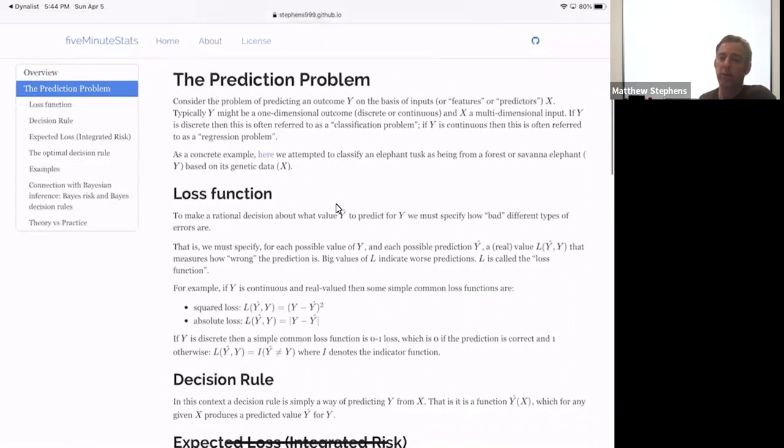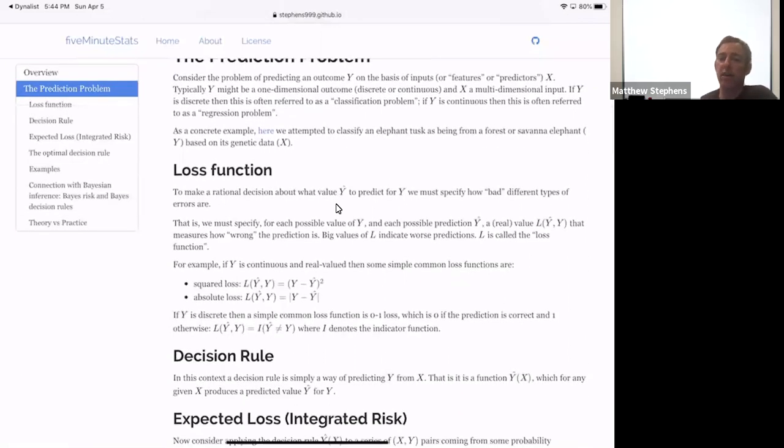In this general case, the idea in these prediction problems is that there's some true value that we want to predict, and the loss is going to basically say, how bad is it if I predict some value Y hat when the true value is Y? The special case here is that what we're trying to predict and the true value lie in the same kind of space.